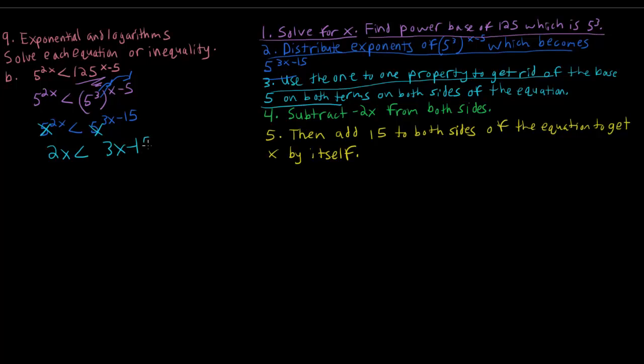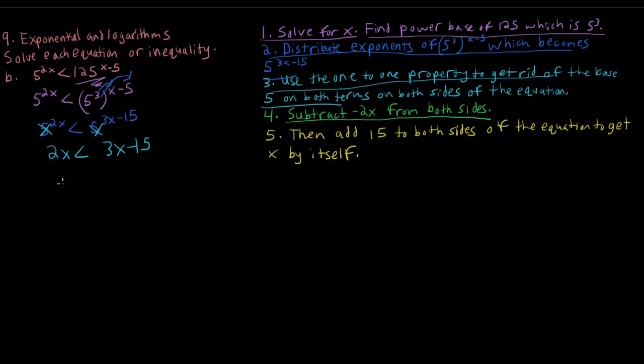At this point, we're just solving for x. So to get x by itself, step 4, we want to subtract 3x from both sides.